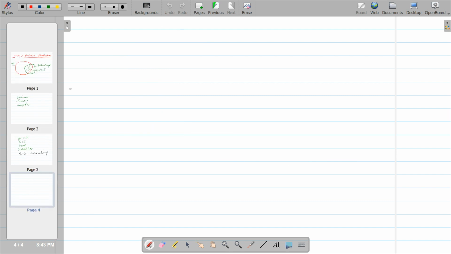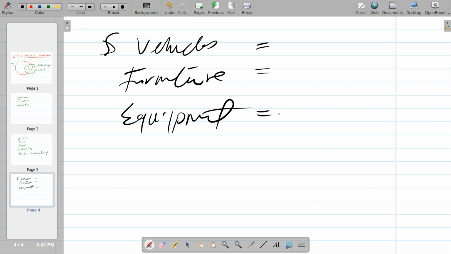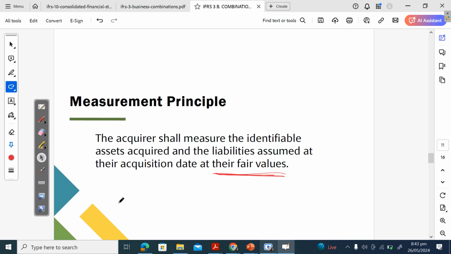Maybe the subsidiary has a number of assets, maybe vehicles, furniture, equipment. All of these have to be fair valued, or the parent has to find the fair values of these assets for the purpose of consolidation.